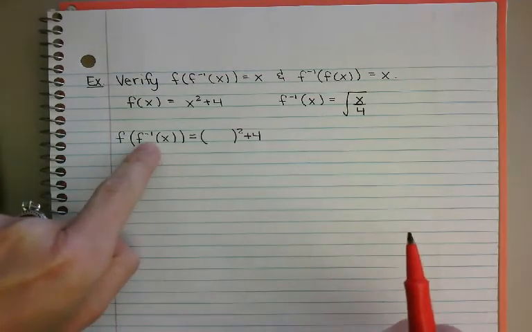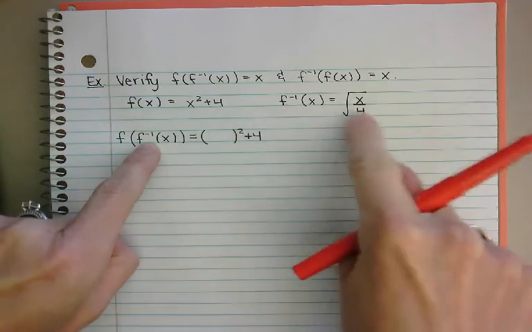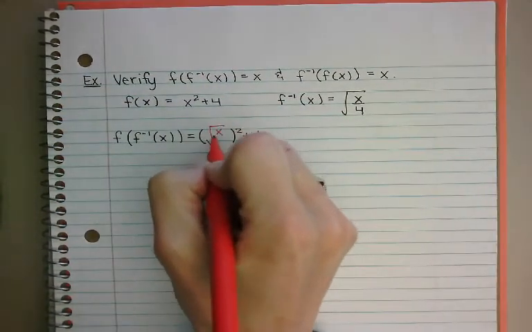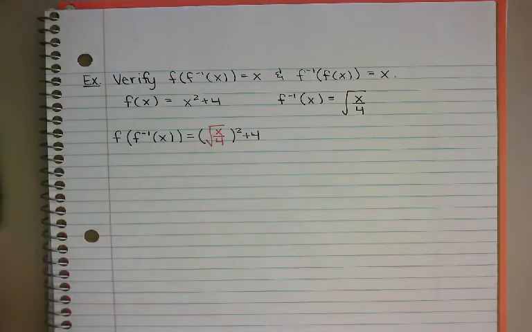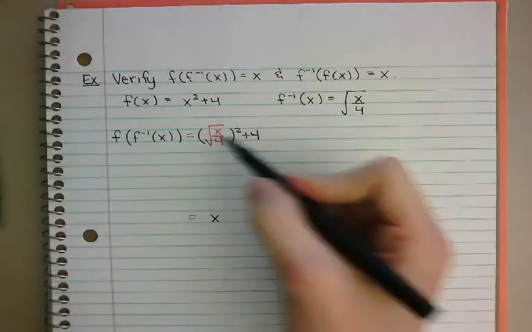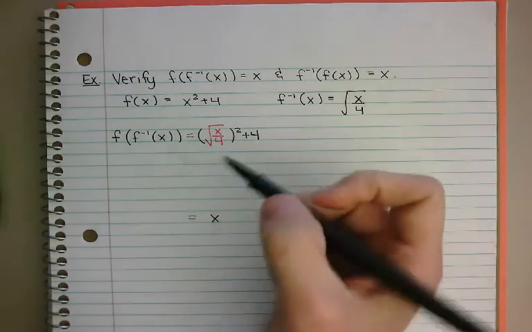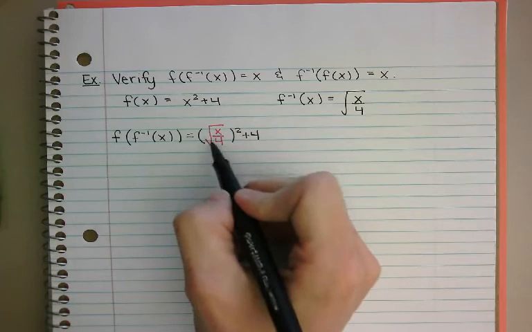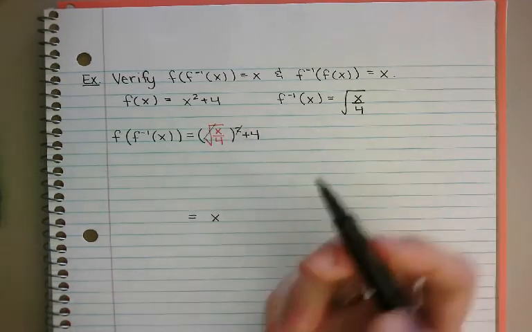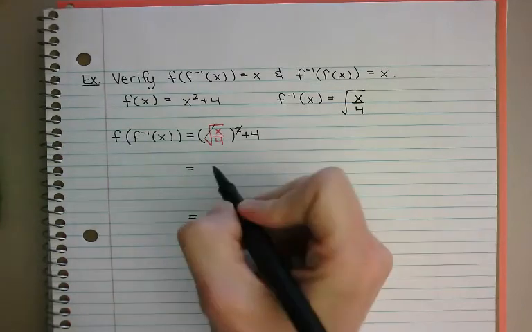Now go to f inverse and plug that in there. Okay, again, I know that this is going to equal x, so it is the motions in between here that I'm checking. So if I have a root and I'm squaring it, the root and the square will cancel each other out.